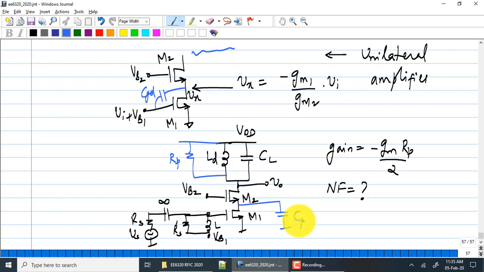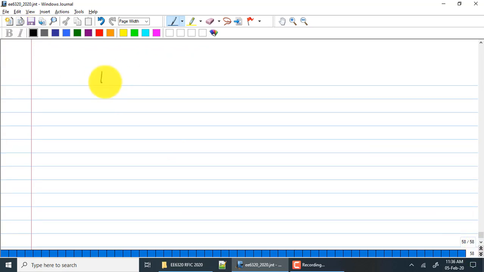Please note that RS prime is still noisy. What is the noise figure if everything else is noiseless? Yes, somebody.